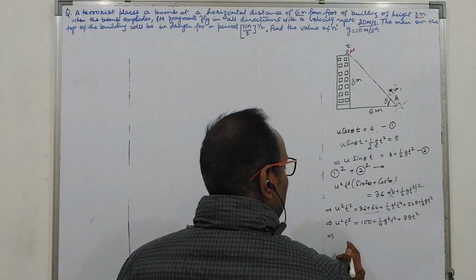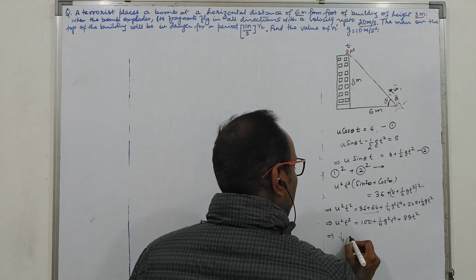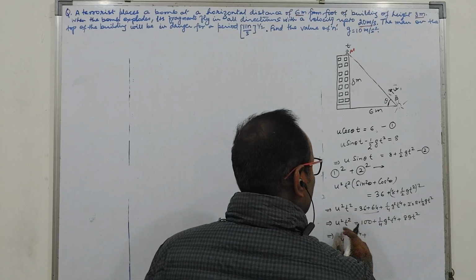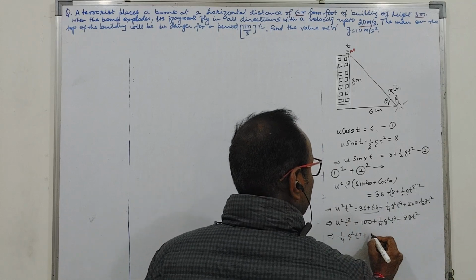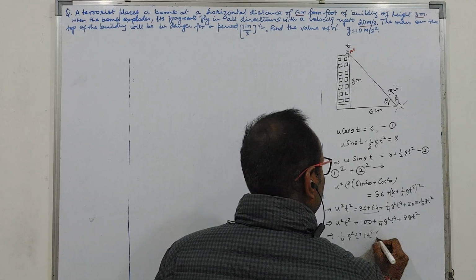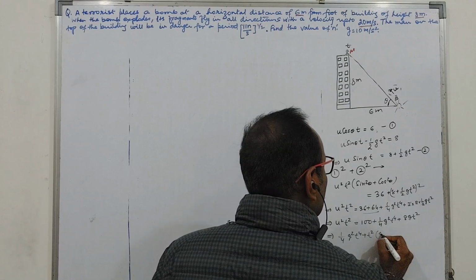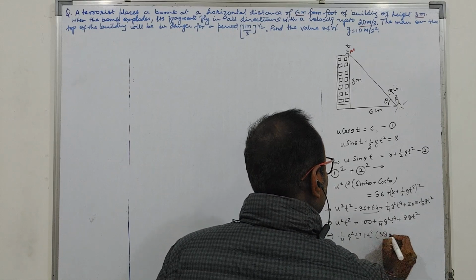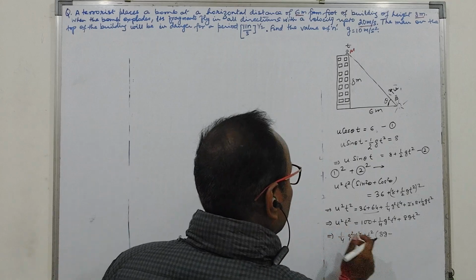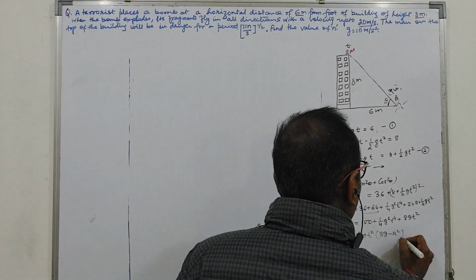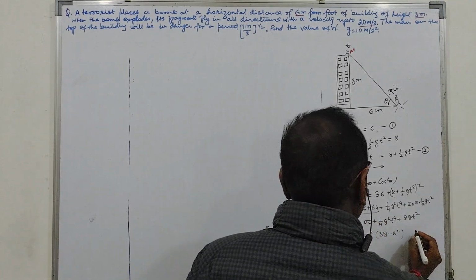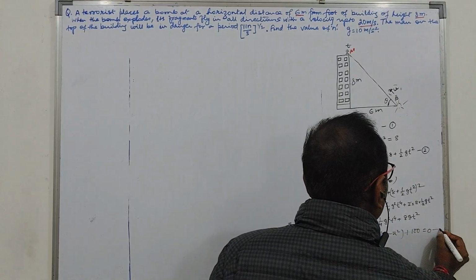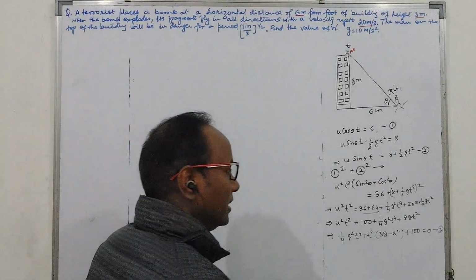So if we take 1 by 4 g square t4 plus, if we take this side and t square common, so then 8g minus u square, so this part is over, and plus 100 will be 0. So you got equation 3, right?